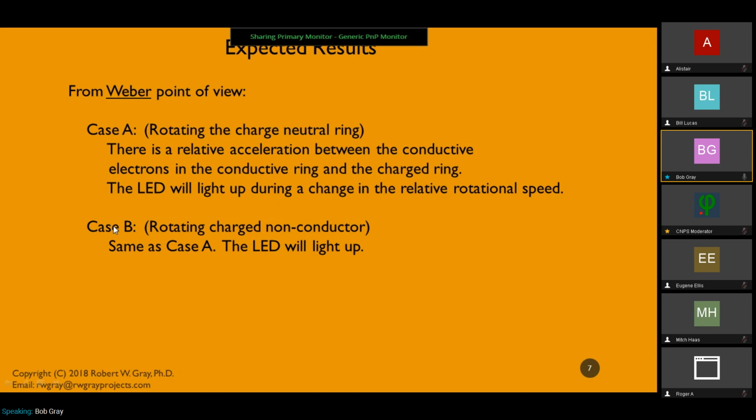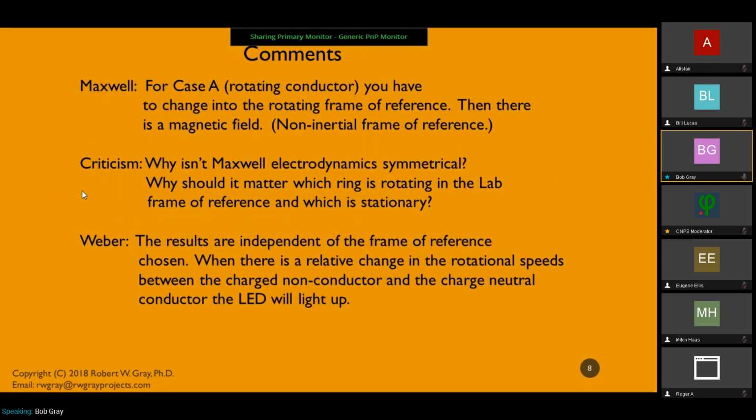And in case B, where you rotate the charged non-conductor, it's the same as case A, because you simply have relative accelerations. And so the LED would light up again. So in Weber, I think the LED would light up in either case, but in Maxwell, it would only light up in case B, where the charged non-conductor is rotating.